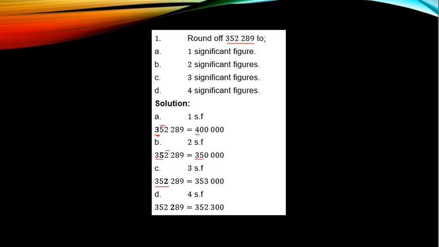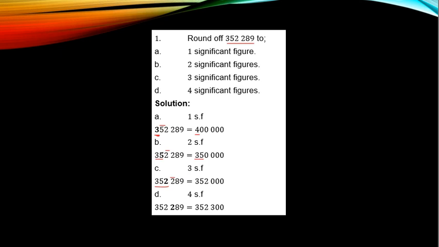Okay. C, 3SF. In 3SF, we are interested in the first three non-zero numbers from the left, and they are 3, 5, 2. You look at the next digit 2. 2 falls in the category of rounding down to 0. If you add 0 to 352, it remains as 352.